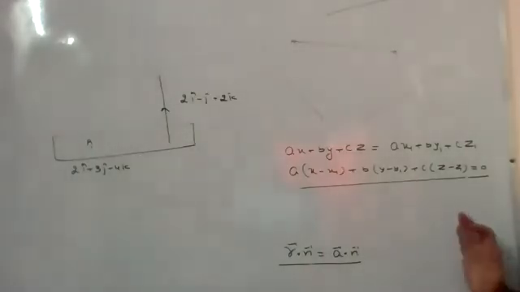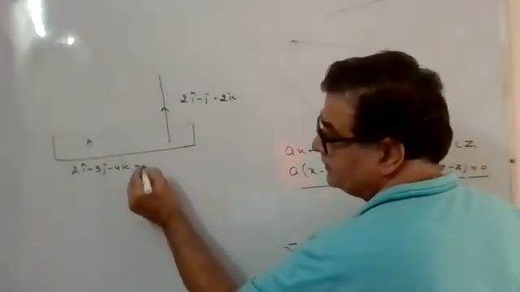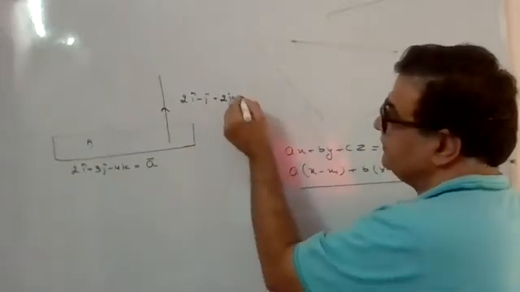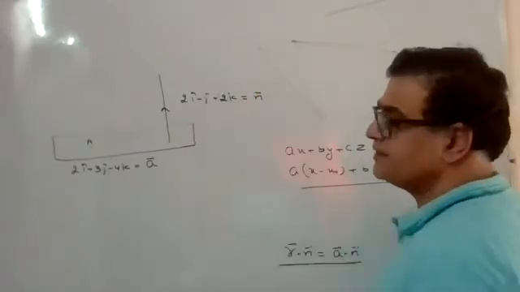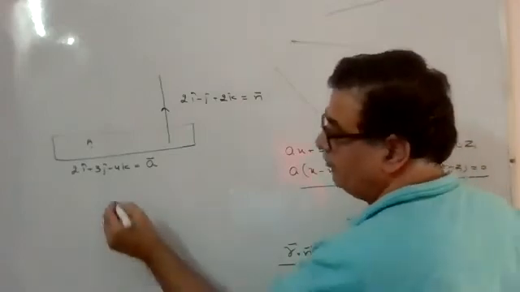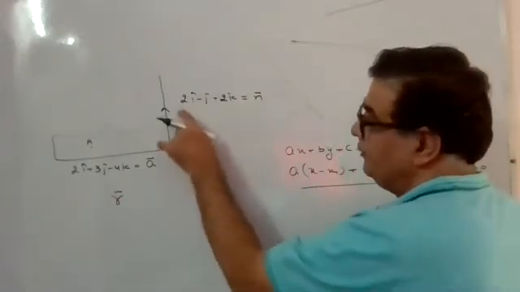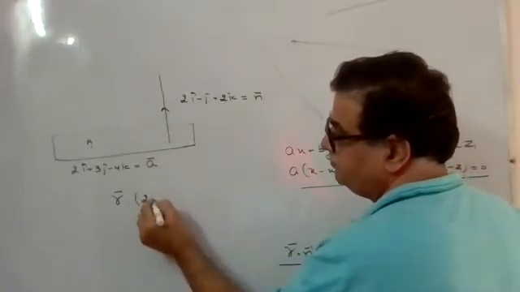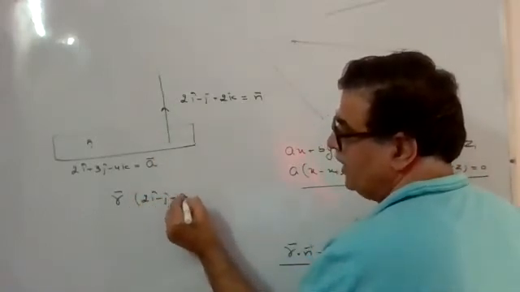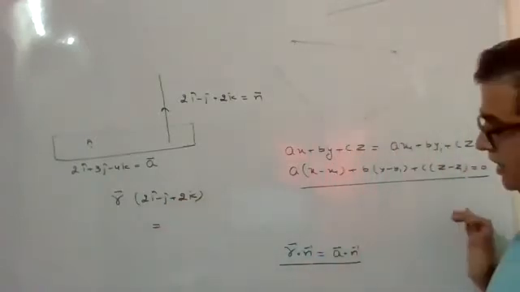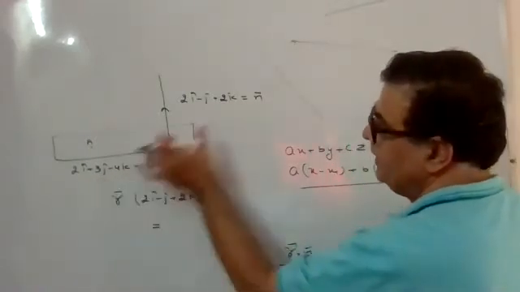So what is the information? This is clearly a known point. This is normal to the plane, so it is the n vector. Now r dot n will be r dot (2i minus j plus 2k) equal to A dot n. This is A and this is n.